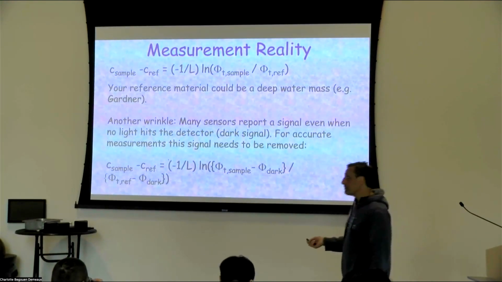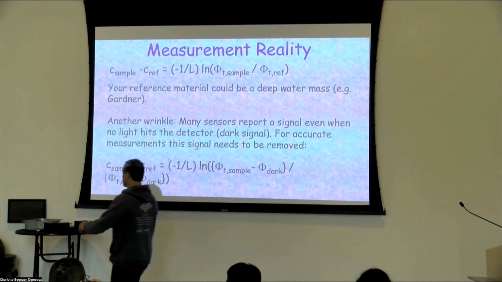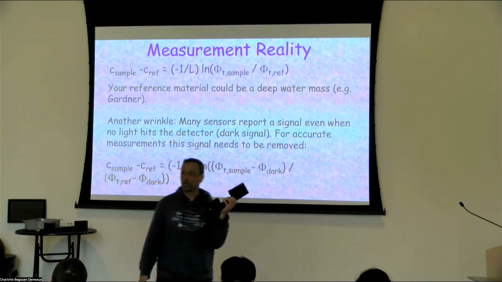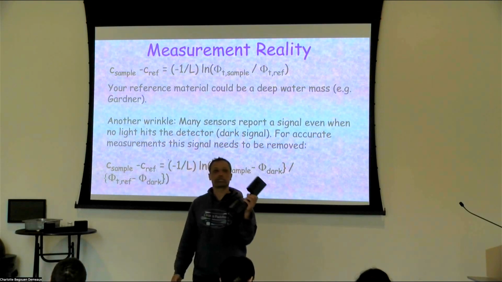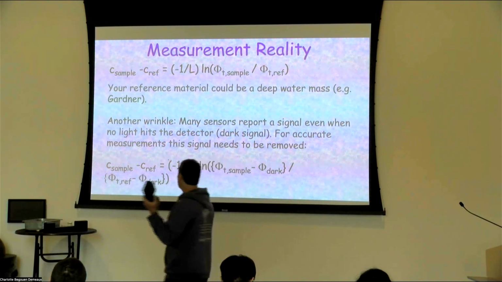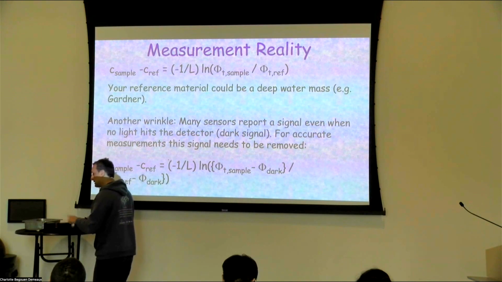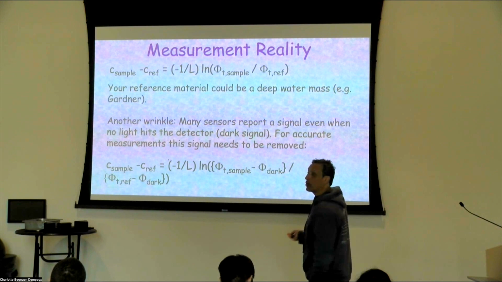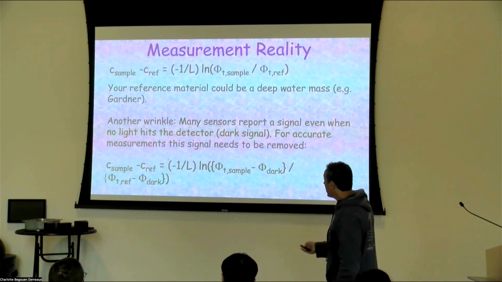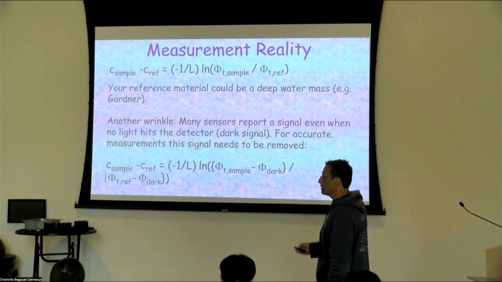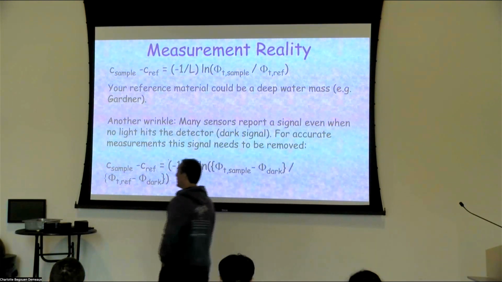And there's another wrinkle we have not talked about: your detector gets a signal even when there's no light. It's what's called the dark, and you have to correct for that. So the equation becomes something like this: your sample minus dark, divided by your reference, to get the true value for the water.